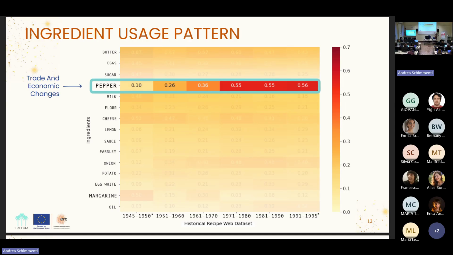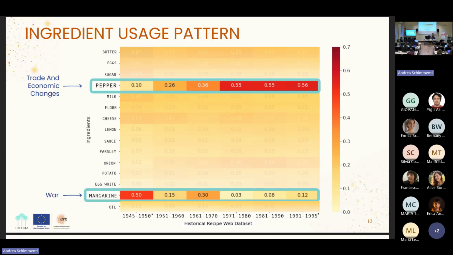But something happened over a period of time. Now we use it, we throw it. People in the past would have had a heart attack seeing how we use pepper, but things change, and you can actually see these changes computationally here: you see a gradual increase in the frequency with which pepper is mentioned in recipes, and that was quite good to see. But one of my favorite examples is margarine.